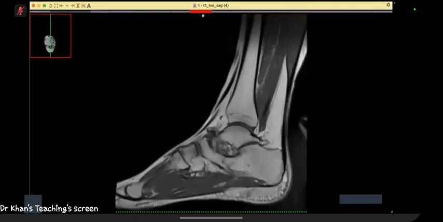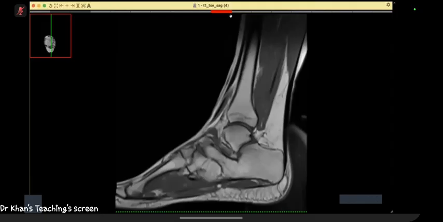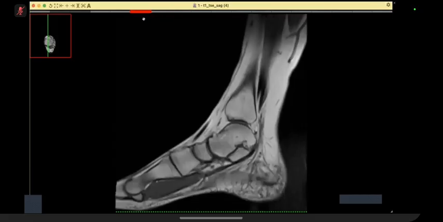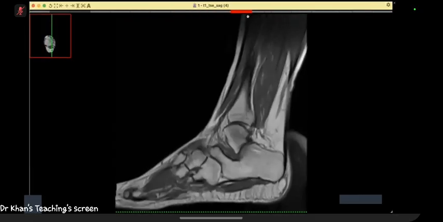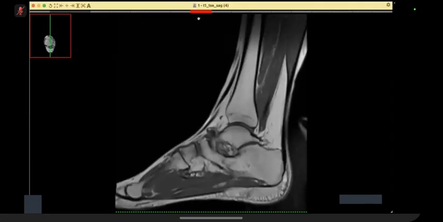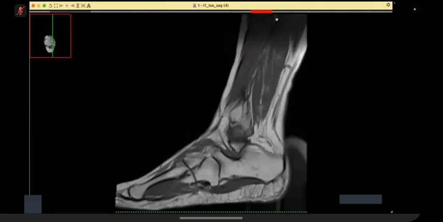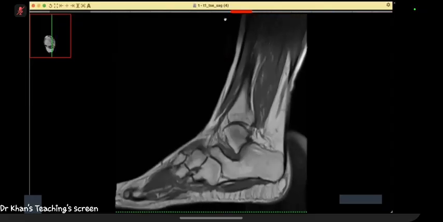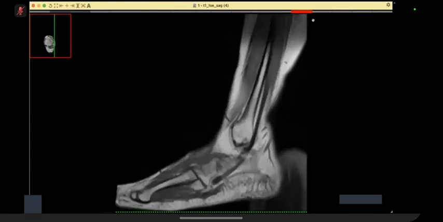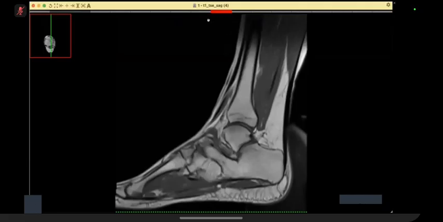The talonavicular joint space is also preserved. The subcutaneous tissues also look normal. Looking at the heel and the muscular components, again, unremarkable.